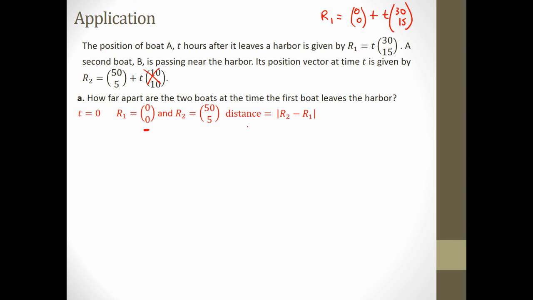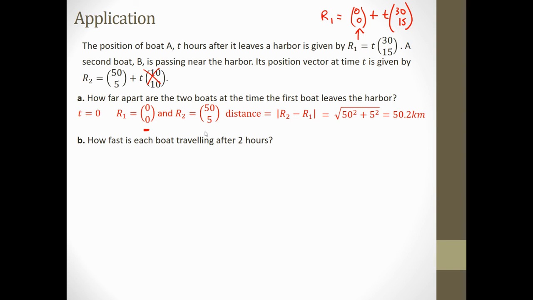Because for distance, we subtract. So 50 minus 0 is 50. 5 minus 0 is 5. And then we take the magnitude, and we get about 50.2 kilometers. So if this R1 equation had something else in it, we'd have to subtract whatever that position was. So that's important to keep in mind.